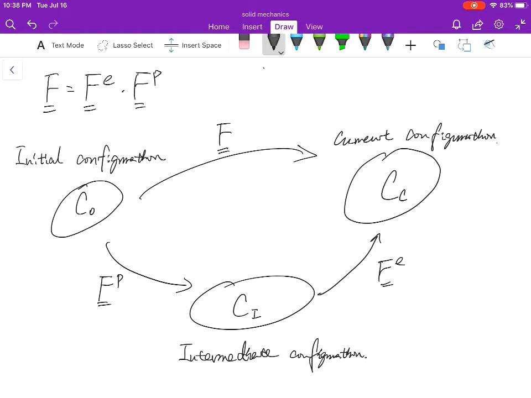Oh, one more thing: let's recall the definition of the deformation gradient tensor. F is defined as partial h over partial uppercase H. The one bar denotes that h is a vector, and here the lowercase h is the element in our current configuration.